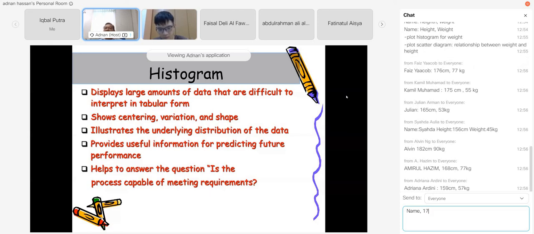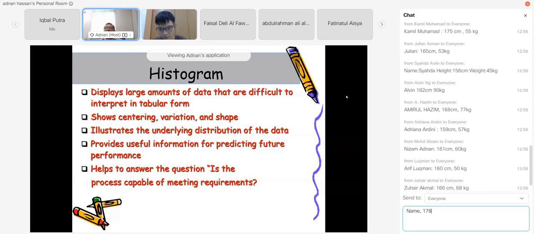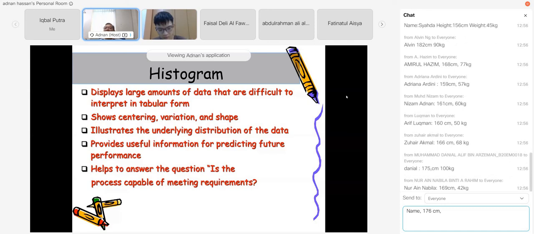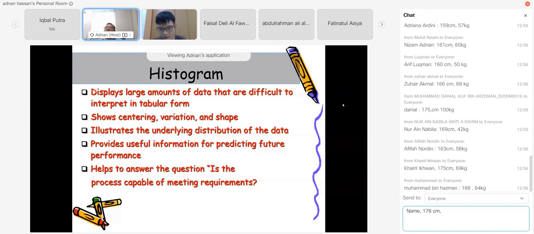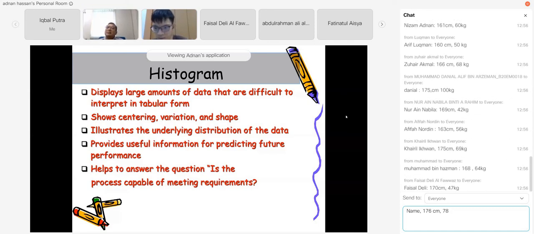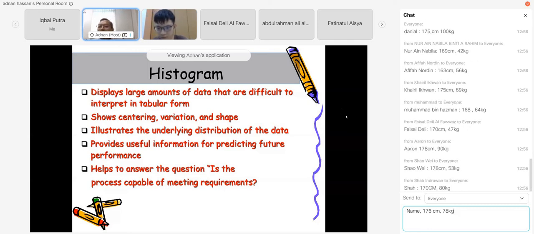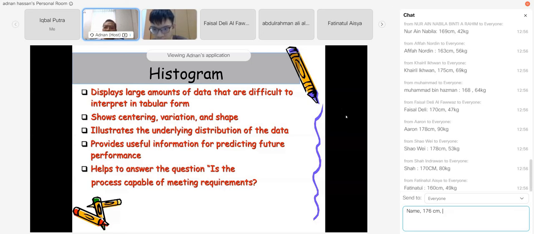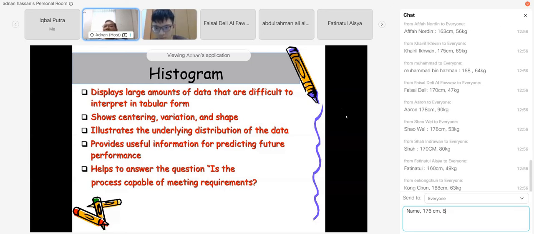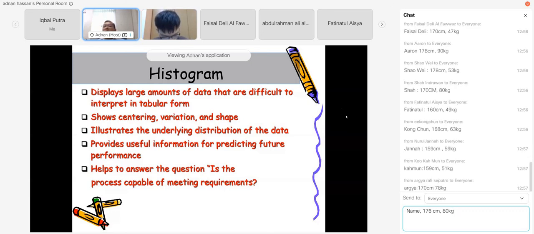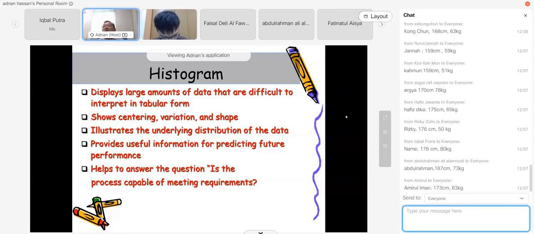You can use Excel, or you can do it manually. This will be our exercise. Please everyone put it. If you are not sure, it's okay, just estimate, but make it a good estimate so that we get a good plot. Whoever has already entered can exit, because I will put all that you responded in this chat into your Telegram.